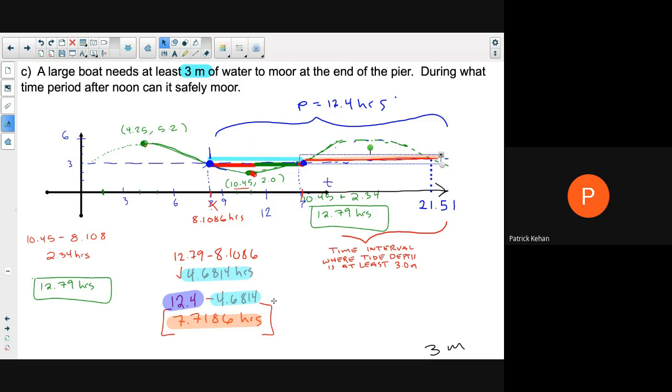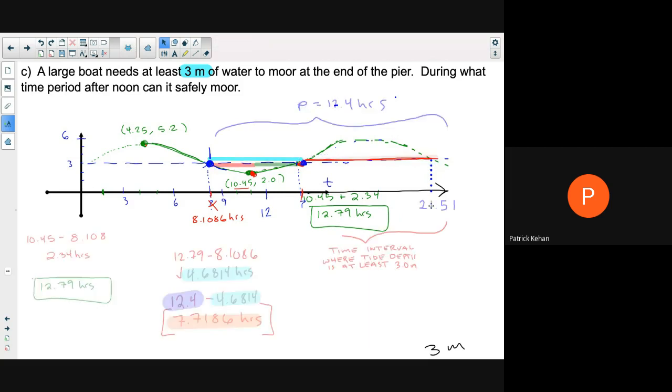The best way to really do this is if I add 7.7 hours to this time right here of 12.79 hours, remember, this is the first time that the tide is above 3 meters after 12 p.m. I'll end up with this time here of 21.51 hours, right?